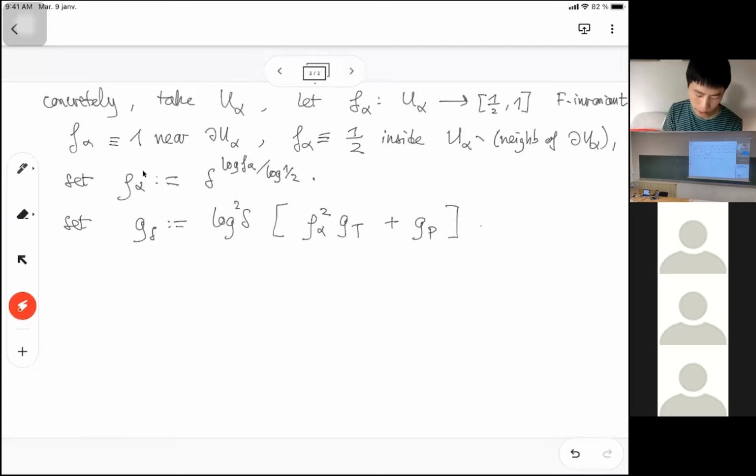A remark here. In the standard rescaling trick where there's only, say, one killing field, all you care about is this tangential part and you rescale by delta square. In the general case, when you have such cutoff functions, because of F alpha, you need to first rescale your metric by a very large constant depending on delta. But the very large constant is in log, and you're rescaling in essentially a power of delta.